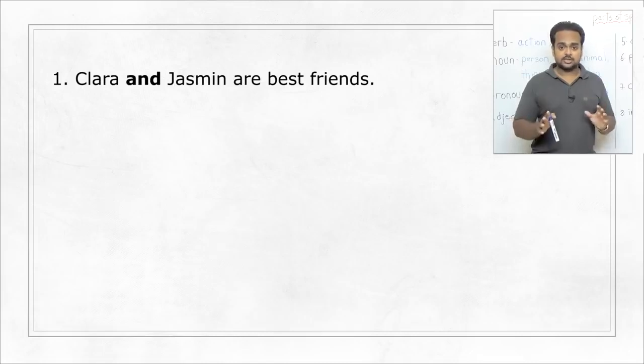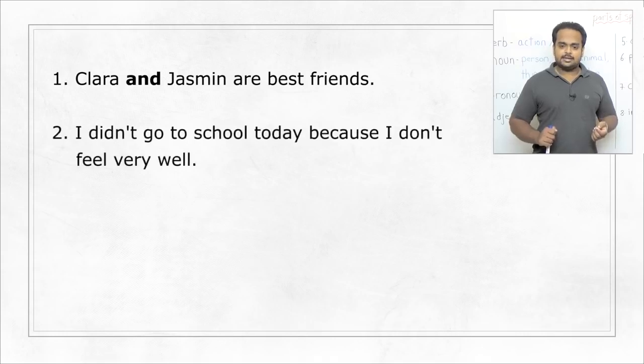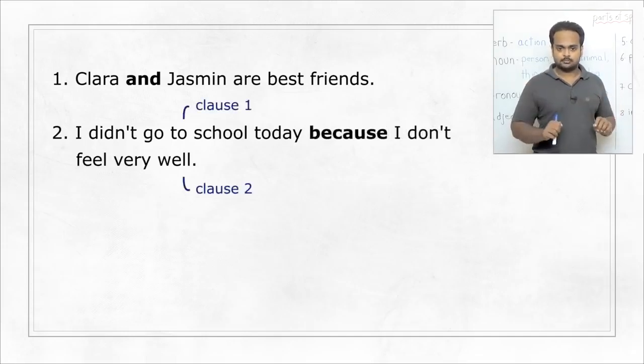But conjunctions can even connect sentences. For example, I didn't go to school today because I don't feel very well. Here, there are two sentences. We call them clauses. The second clause, I don't feel very well, is the reason. And the first clause, I didn't go to school today, is the result.